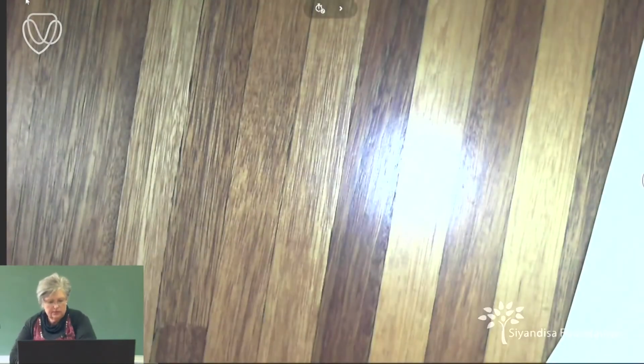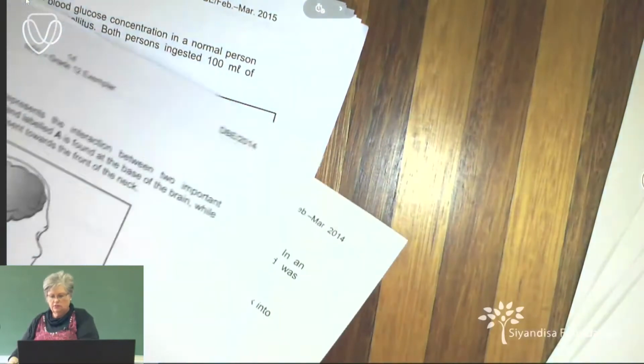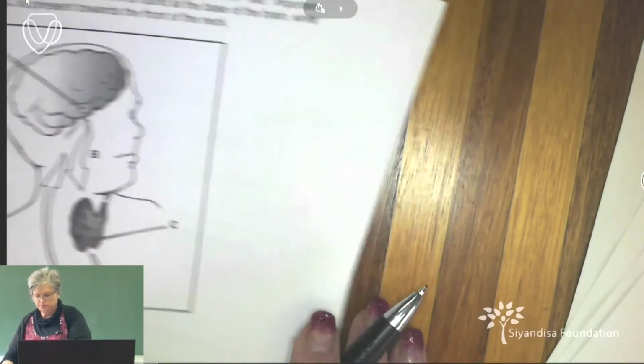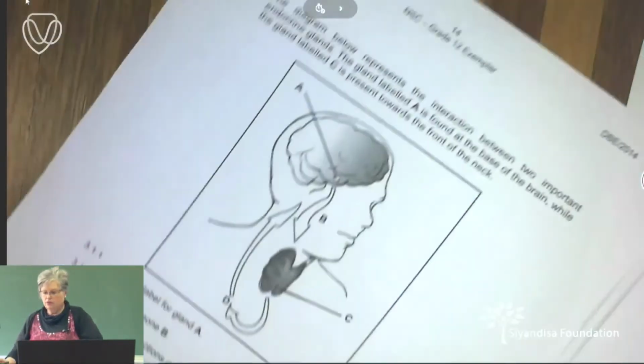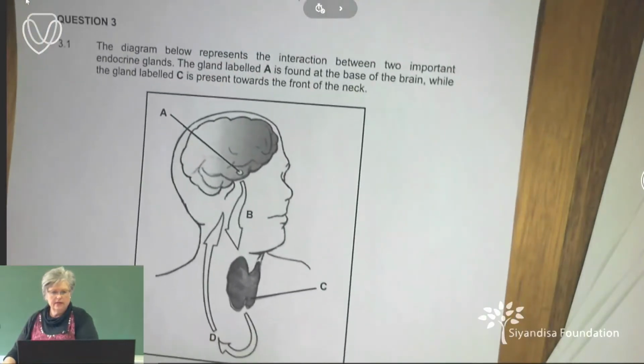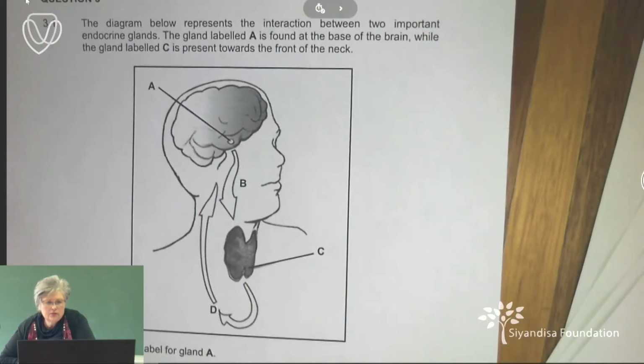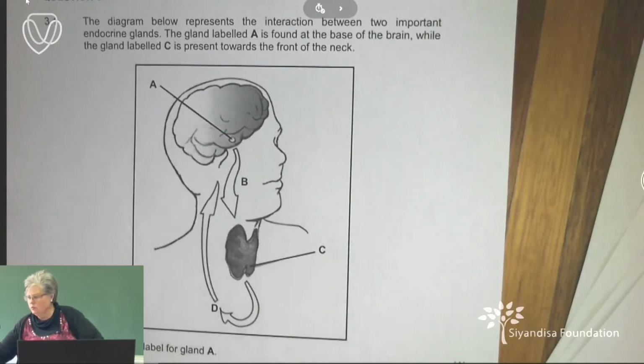That was in the questions that were in papers. Okay, this is the first one. November 2014. The diagram below represents interaction between two important endocrine glands in the body.